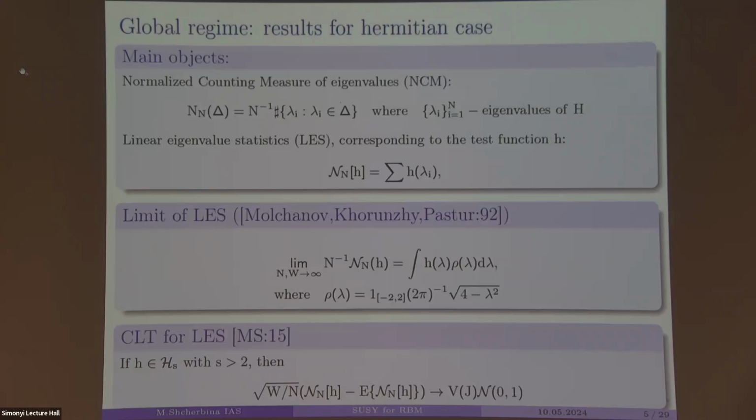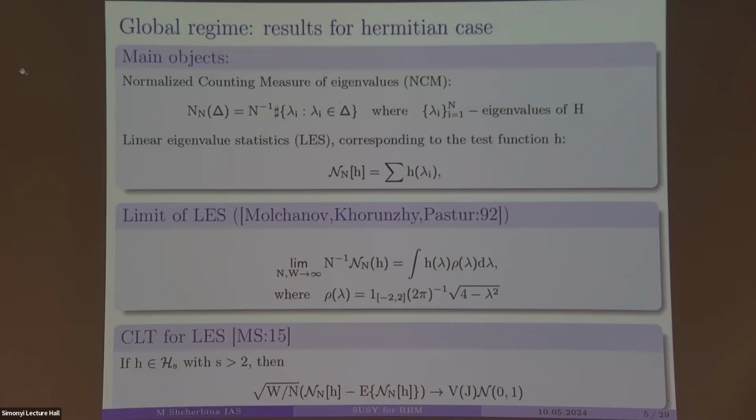So you obtain the same limit if W is big, but okay, it need not be as big as n, for example square root of n or log n, it does not matter. You can even consider the case when first n tends to infinity and then W tends to infinity. And the proof is very simple.